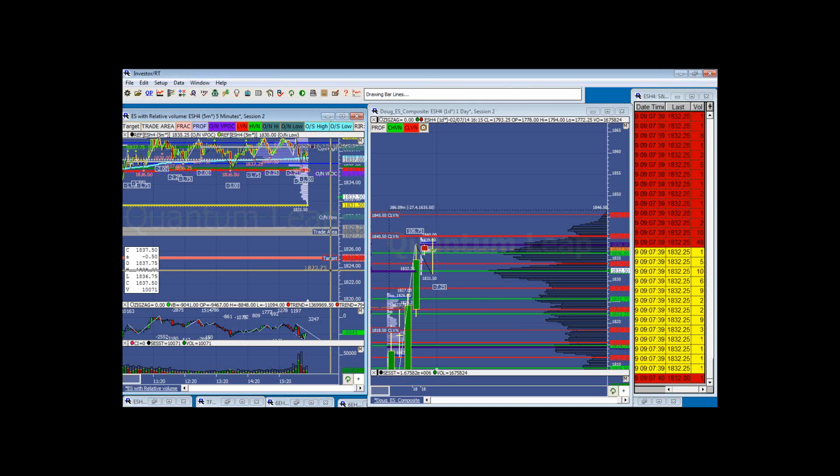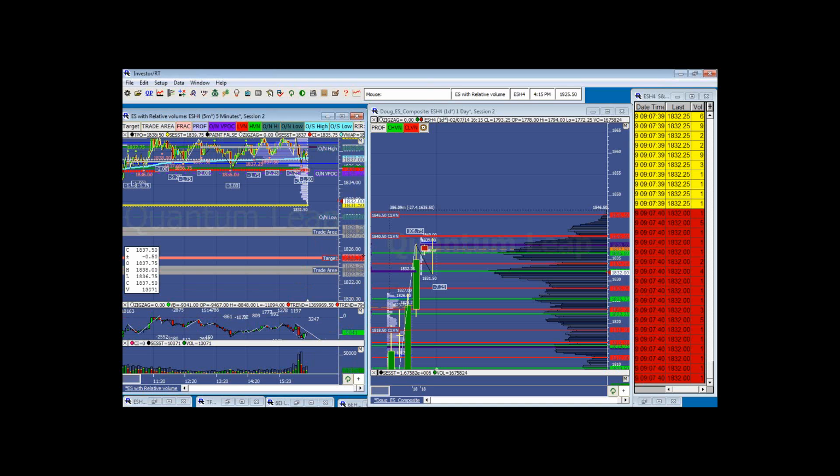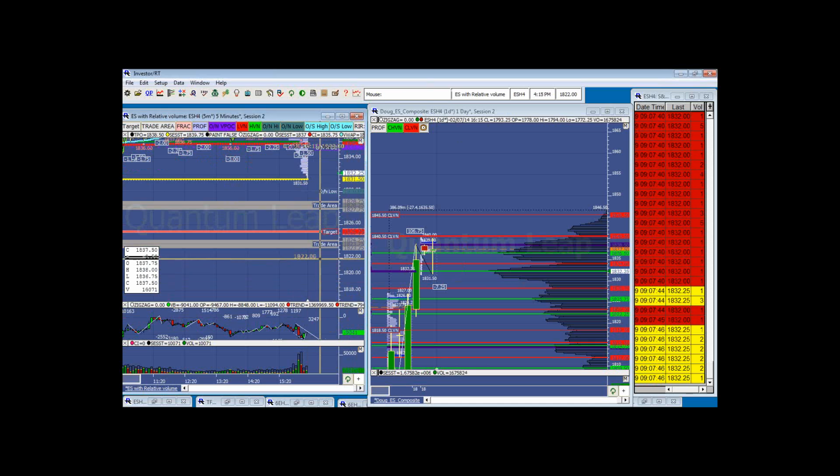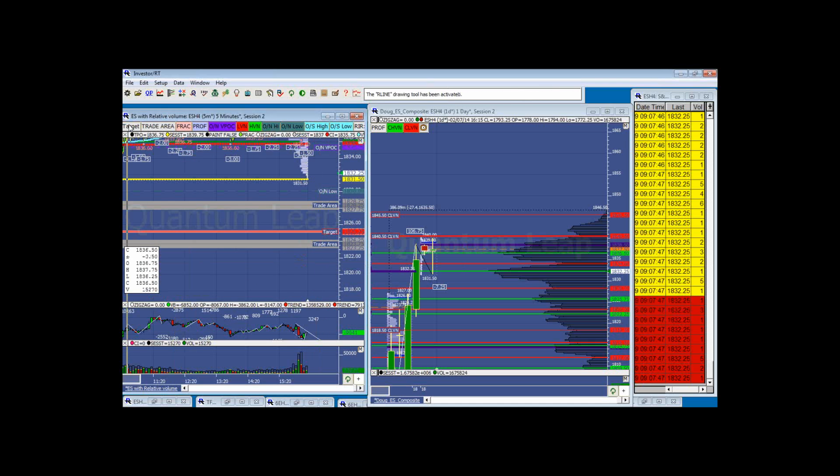So I'm just going to put the trade area right there, and then below that everything shifts down to that 22-21 area, and that'll be our extended target below. It's not really an extended target, it's just a secondary target at 22 and a quarter, with the other side of balance being down here at 1850.